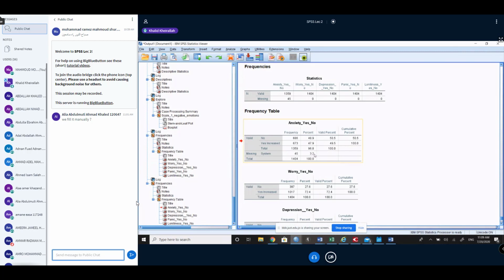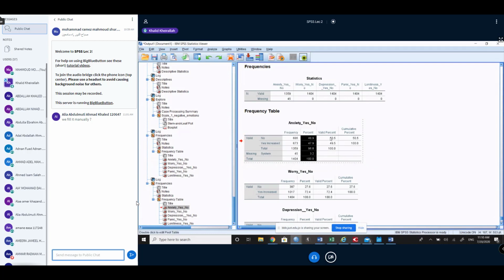Now you have system missing 3.2%. So you have 3.2% missing cases. Normally, we do not report missing cases. We look at missing cases and evaluate them. If it's within 5-6%, you're good to go. Now your percentage for missing cases is 3.2%. Their number is 45, so we have 45 cases, 3.2%. And we do not report these percentages.